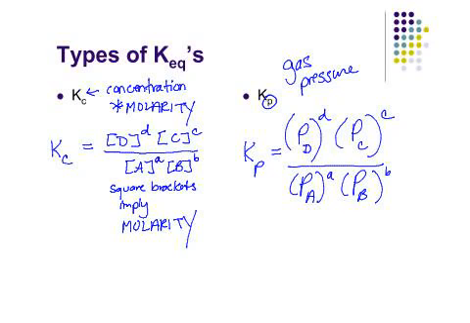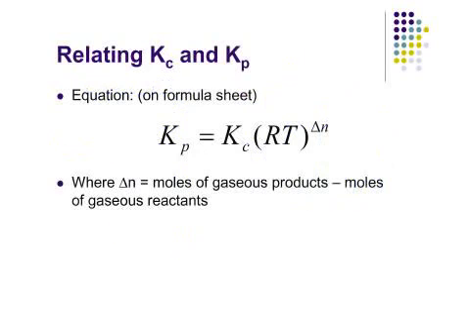There's a really handy equation, and it's on your formula sheet. If you look on your formula sheet, there's an equation that relates Kp to Kc. Can you guys all find it on your formula sheet? All right. So it's there. It's on that green sheet. It says Kp is equal to the Kc times RT raised to delta N.